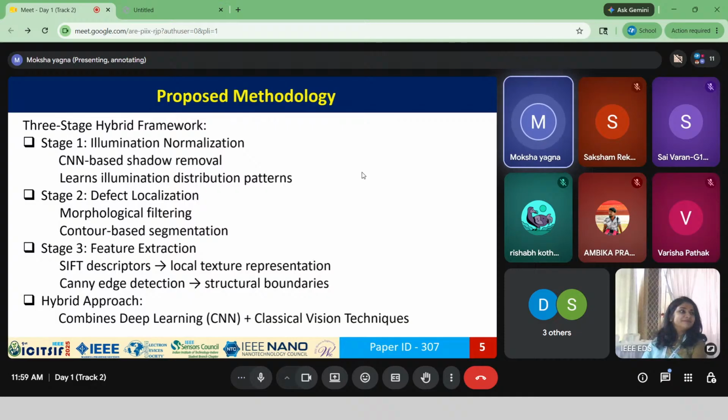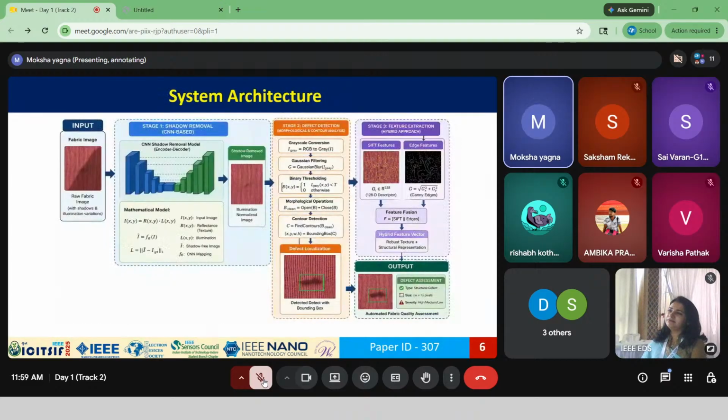For eliminating the shadow, we'll be using a CNN model, and for defects, we'll be using morphological operations, thresholding, and Gaussian noise. For feature extraction, we'll be using SIFT, which is scale invariant feature transform, and Canny edge detection. Those are the three stages we'll use to find defects in any image.